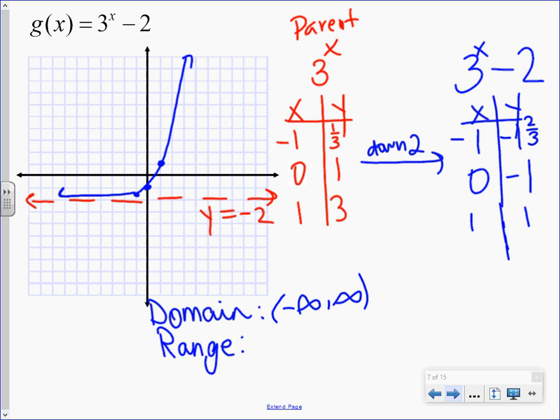What's going to be different is the range, okay? Marissa, what do you think the range would be? So our range is going to be -2 to infinity. Our range is going to be affected by where that horizontal asymptote is. Okay? In this case, it's everything above the horizontal asymptote of -2. So -2 to infinity.